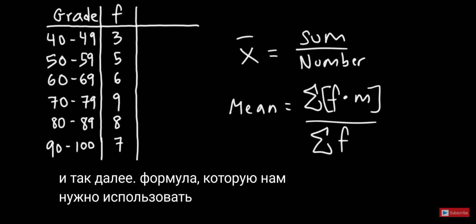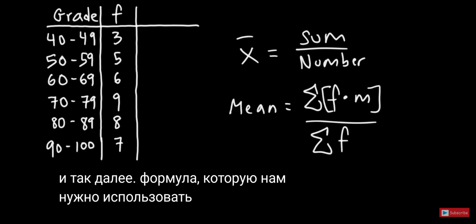The midpoint is going to be the sum of the lower boundary of the interval plus the upper boundary of the interval divided by 2. So in the grade interval of 40 to 49, the lower boundary will be 40, the upper boundary is 49, divided by 2.